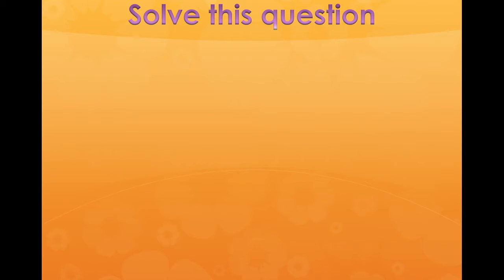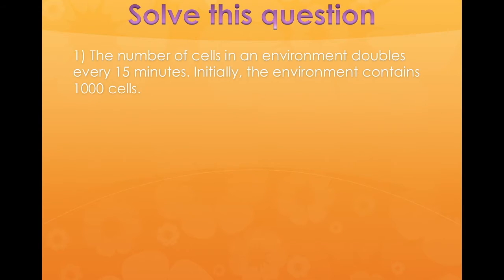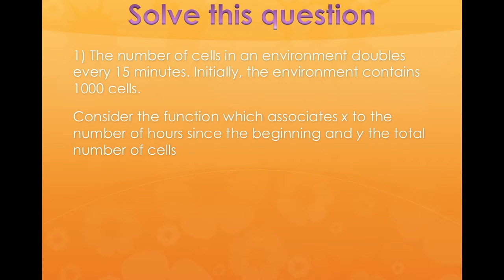Now that you know this, try and solve this question. The number of cells in an environment doubles every 15 minutes. Initially, the environment contains 1,000 cells. Consider the function which associates x to the number of hours since the beginning and y to the total number of cells. What is the rule of this function?